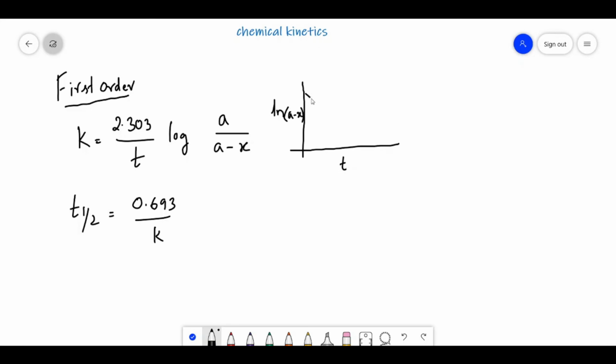Then we get a negative slope, where slope is equal to minus k and intercept is ln a. And one more graph is there. If you take a graph between ln a by a minus x and time, then we get a slope like this.